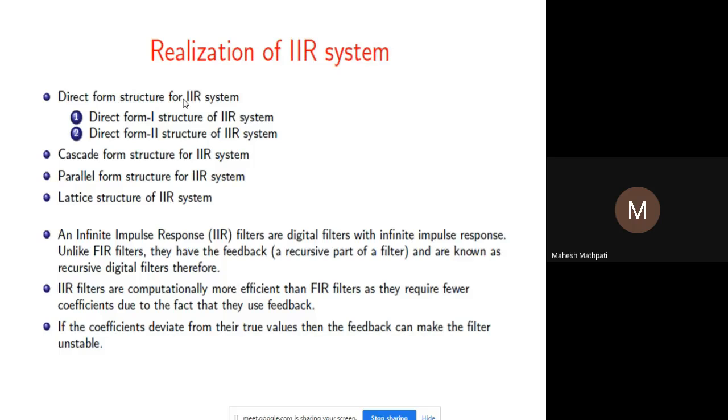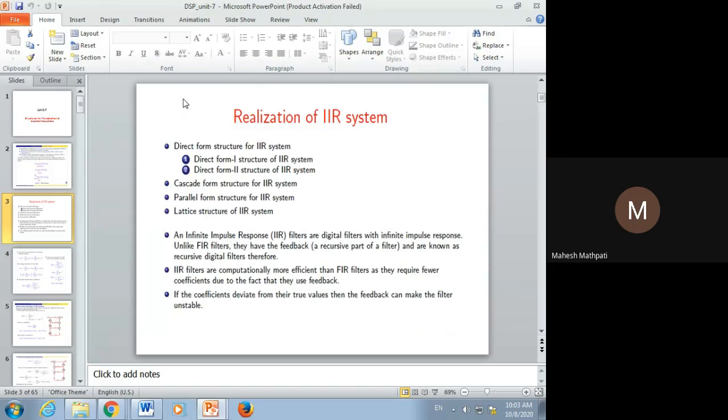In that, write direct form structures for IIR system: direct form 1 structure of IIR system, direct form 2 structure of IIR system, cascade form structure for IIR system and parallel form structure for IIR system. Lattice may not be there. Just write up to this part.